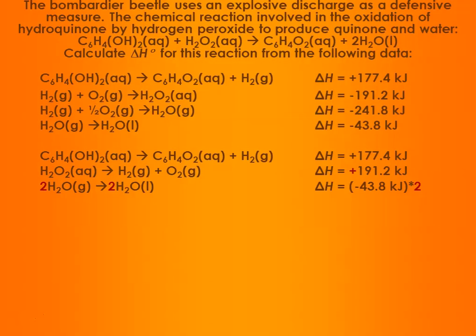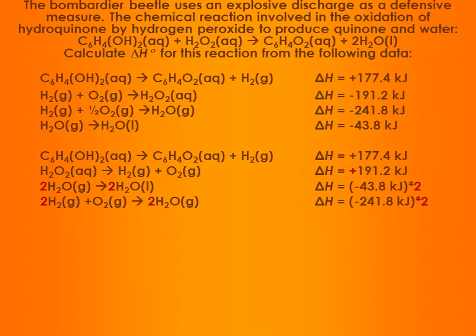I see I have 2 hydrogen molecules as products, 1 oxygen molecule as a product, and 2 gaseous water molecules as reactants. Well, I want to cancel those out. So I do believe the third equation is set up correctly for that canceling process, but it does not have the correct stoichiometric amounts that I want to cancel.